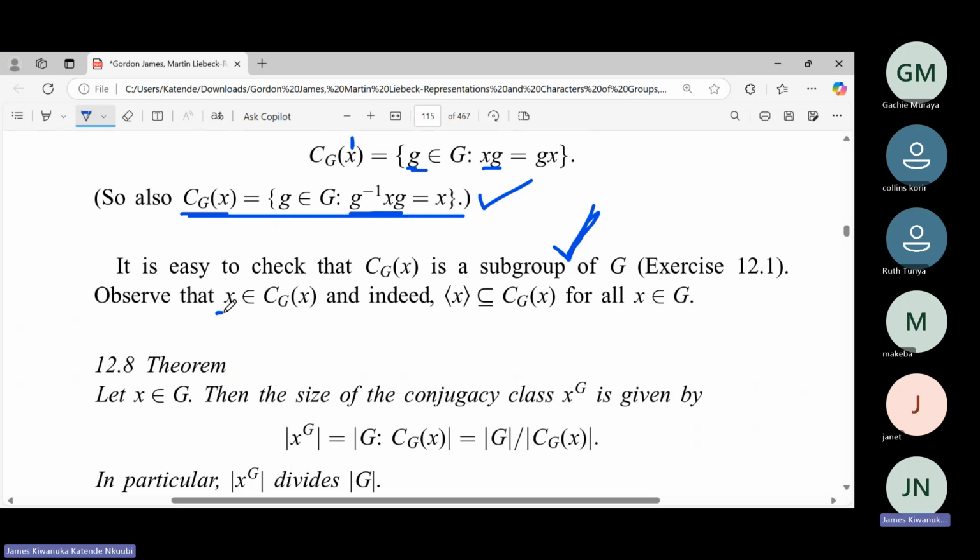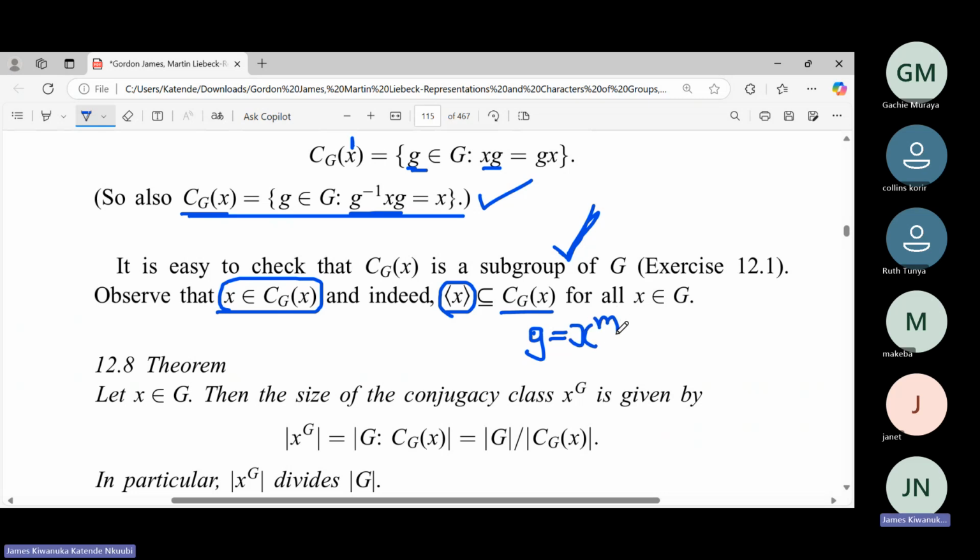The other thing you need to observe is that if X is in the center of G, then all the elements in the cyclic subgroup generated by X will also be in the centralizer. Because any element in this cyclic group will be of the form X raised to some power.